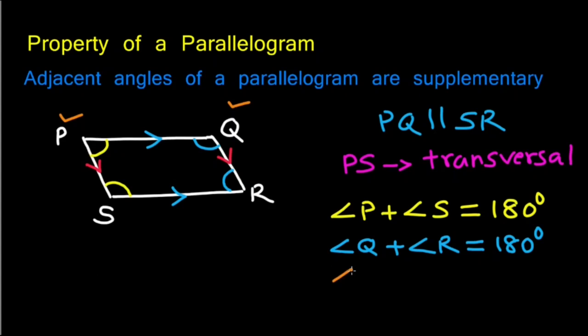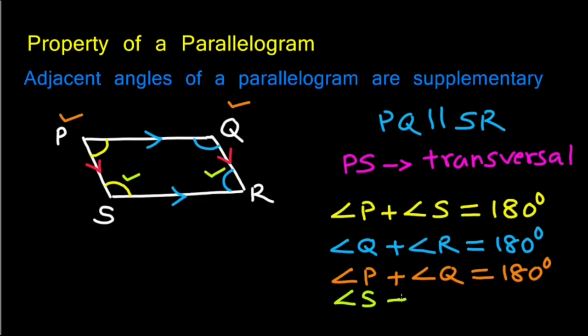So we can write angle P plus angle Q equals 180 degrees, and angle S and angle R are supplementary. So we can write angle S plus angle R equals 180 degrees.